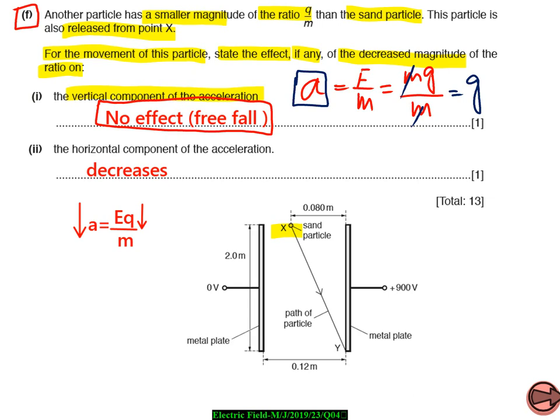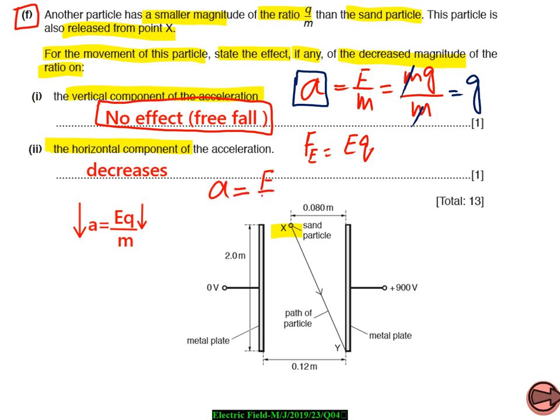So if we use Newton's second law, we can say that the acceleration a is equal to F over m. In this case, F is the electric force, so if we plug in the value of the electric force, we can also write it in this form.